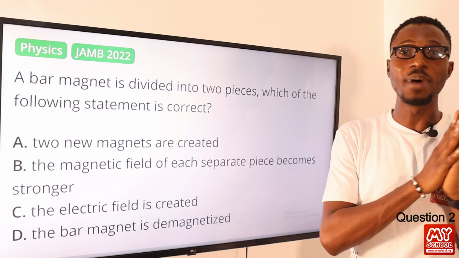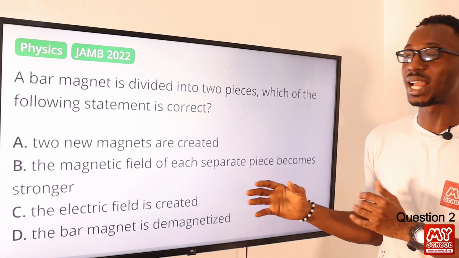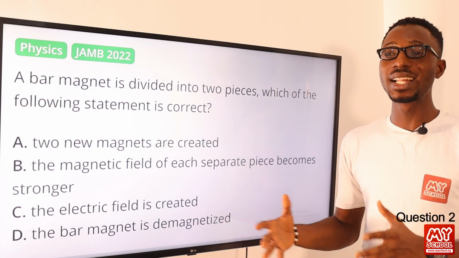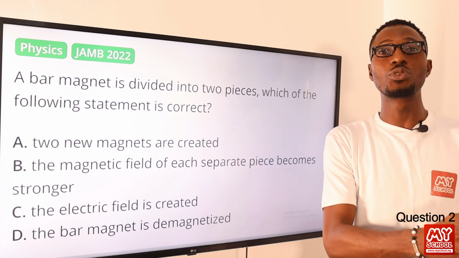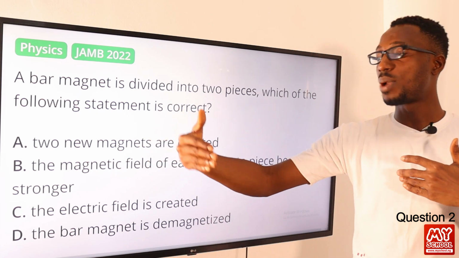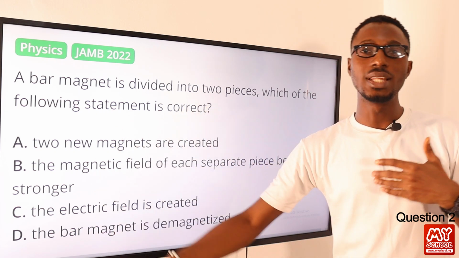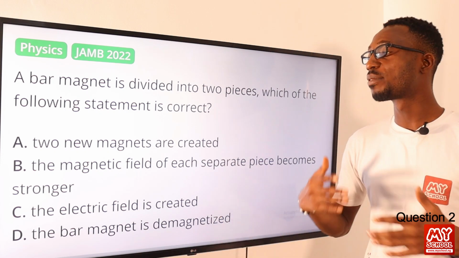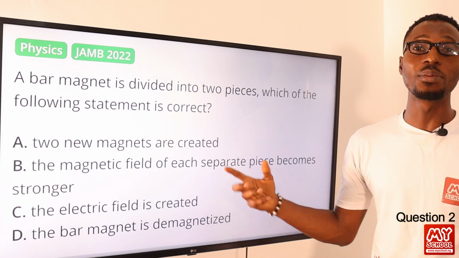So the correct result that we should get is that two new magnets are created, and these magnets have their individual poles. The first magnet is going to have the north and the south pole, then the other magnet as well has its own north and south pole. So we have two new magnets created. So option A is the correct option.